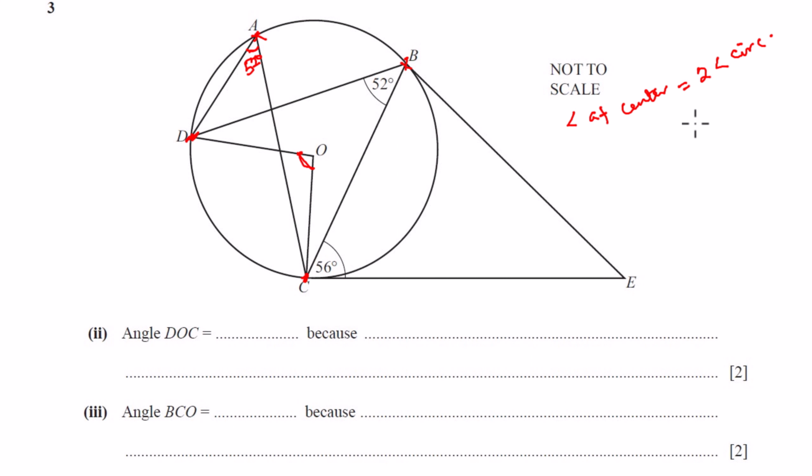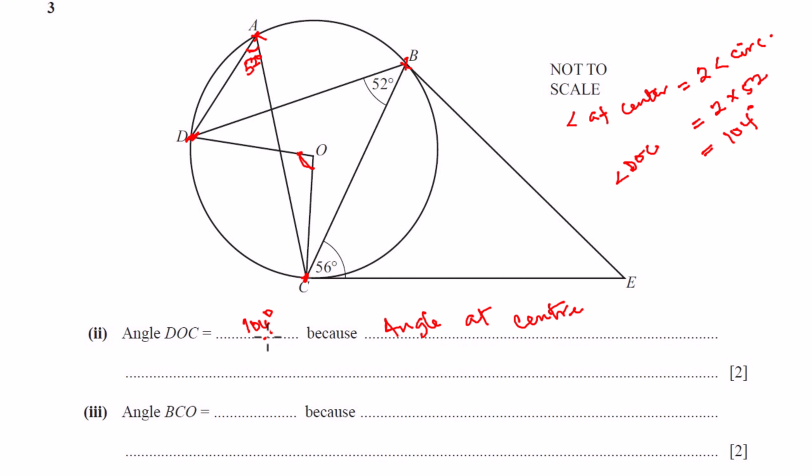So if the angle at circumference is 52, you say 2 times 52 to get the angle at center, which is DOC. And 2 times 52 is definitely 104 degrees. So this is 104 degrees, and it is angle at center. So simply write angle at center.